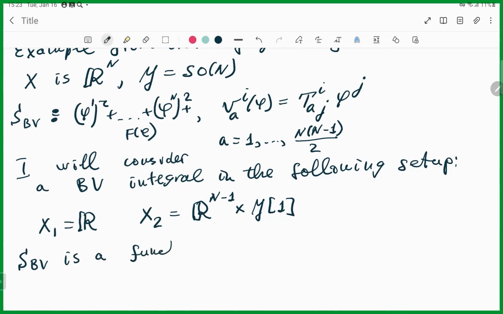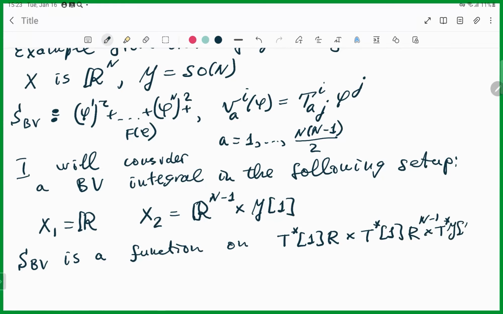It is a function on T star shifted by 1 of R times T star shifted by 1 of R^(n-1) times T star G[1]. And then I will integrate over a Lagrangian submanifold here, given by the equation phi 1 arbitrary, phi 1 star equal to 0.